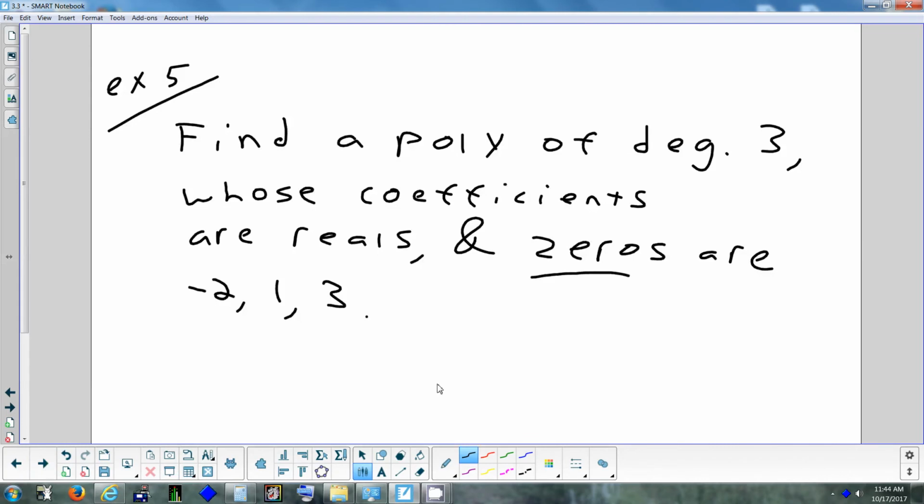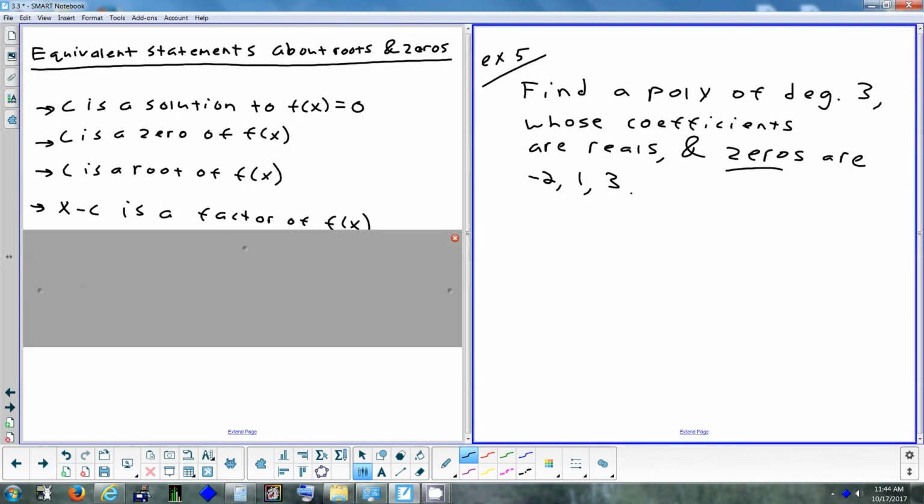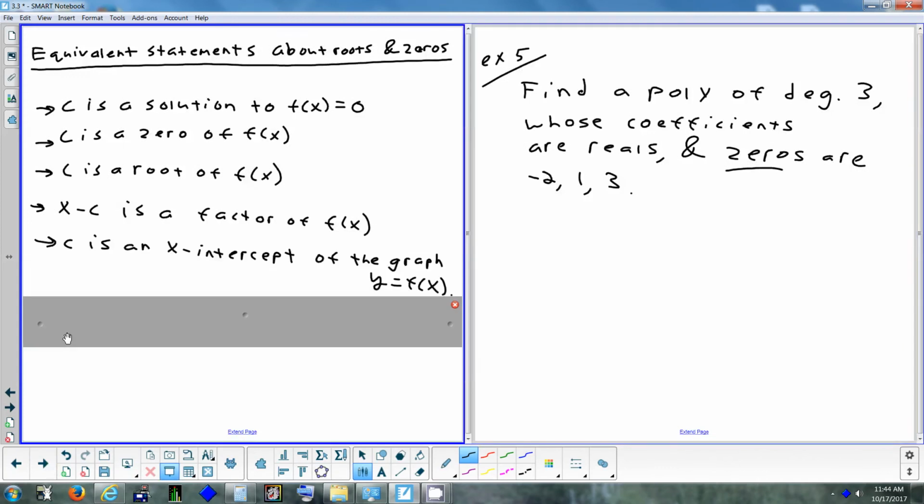So now I want to use one of these facts from the other page. I'll put them back up to figure this out. I'm thinking of a polynomial, and I'm telling you that the roots are negative 2, 1, and 3. That's the same thing as telling you the zeros are negative 2, 1, and 3. That means the polynomial I'm thinking of crosses the x-axis at negative 2, 1, and 3.